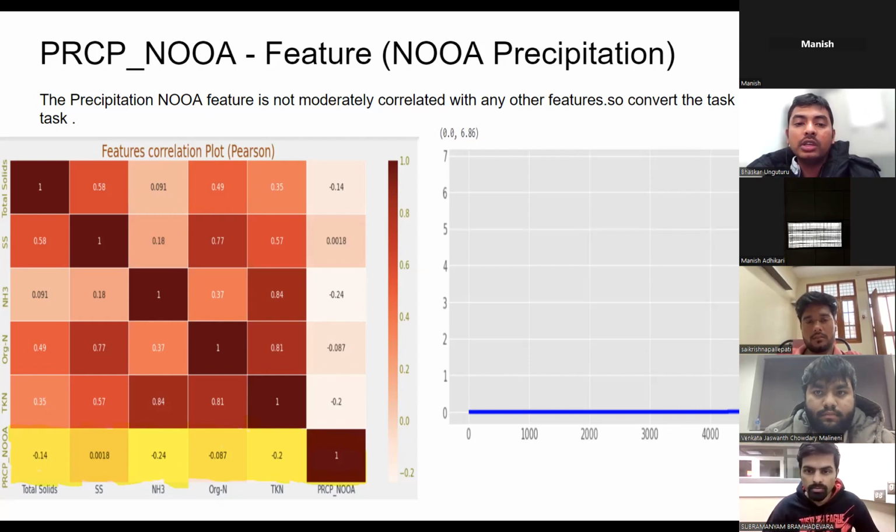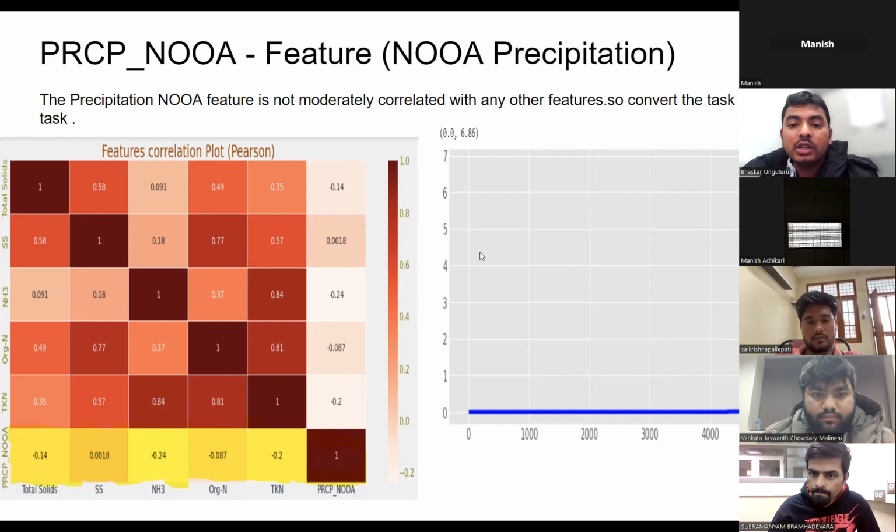If you see the correlation plot diagram on the left-hand side, the precipitation correlation with the other features is highlighted in yellow. The correlation is all negative and minimal. That's why this data is also bad data.